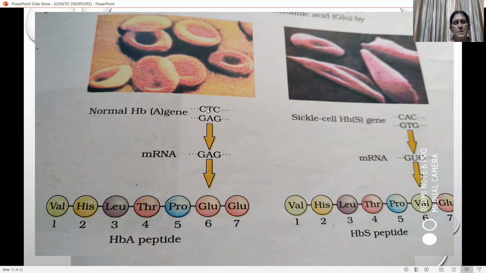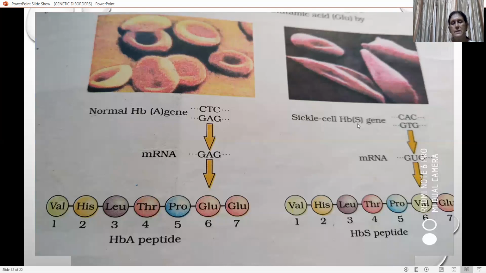At the 6th position, the code that comes from DNA is CTC and GAG. It is the DNA sequence which forms the normal mRNA, which carries the information for protein synthesis. And GAG denotes the glutamic acid at the 6th position during protein synthesis.